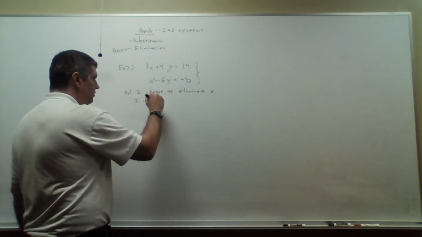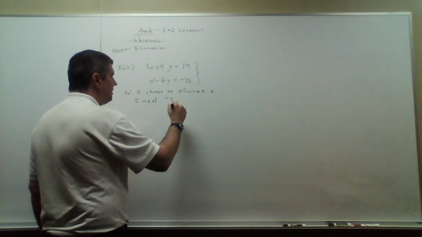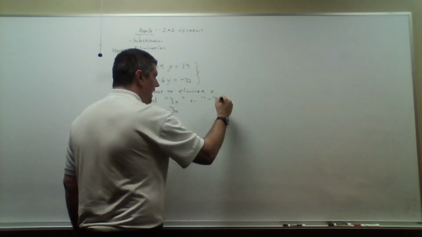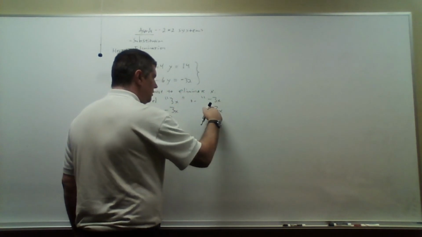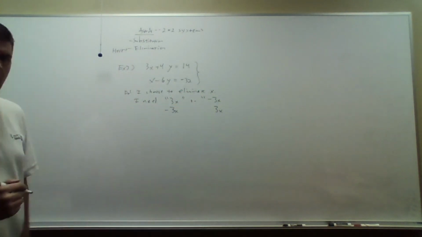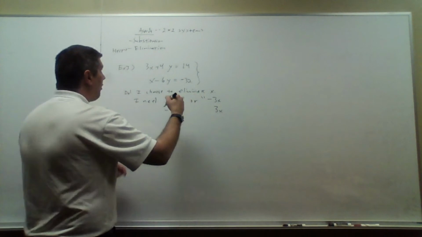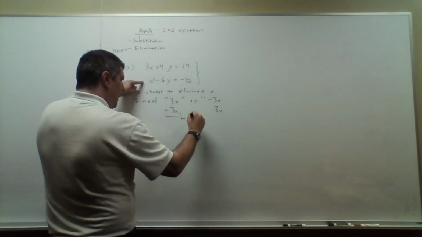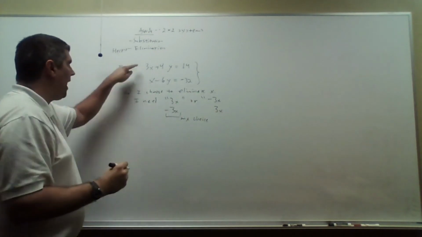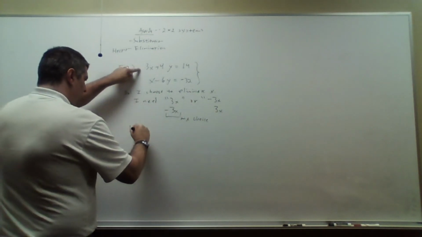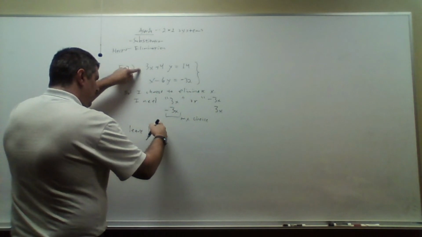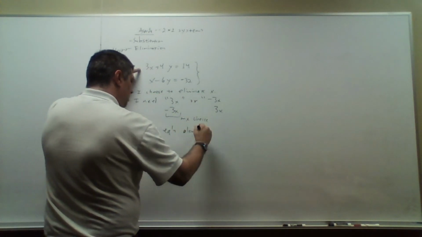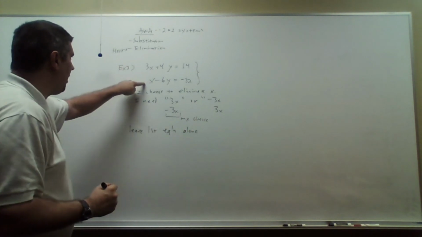I need 3x and minus 3x, or negative 3x and 3x. I need either one of them. I've already got 3x, so I'll choose this one. So I would leave the first equation alone, and I'd multiply this one by negative 3.